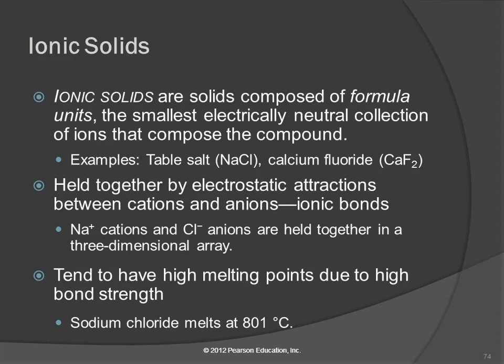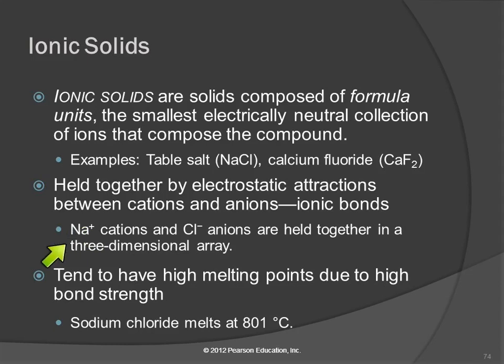When we learn to name things, we divided things into ionic and acid and covalent molecular compounds. So ionic compounds form ionic solids. These are held together by the electrostatic attractions between cations and anions, which is exactly the same as ionic bonds. Ionic bonds tend to be very, very strong.